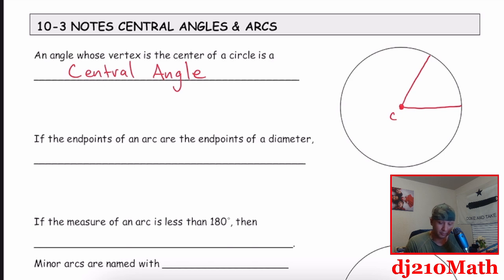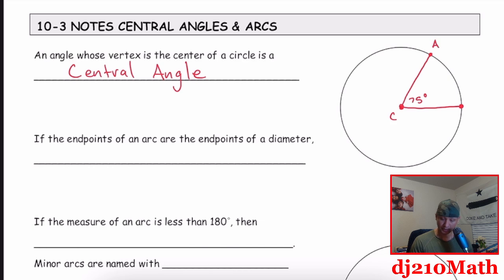So if this is, let's just, I don't know, make up some numbers, 75 degrees, well, then the central angle would be 75 degrees.